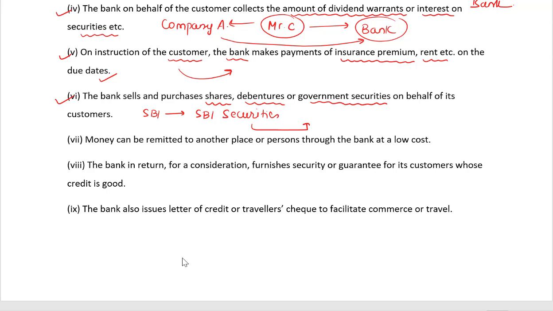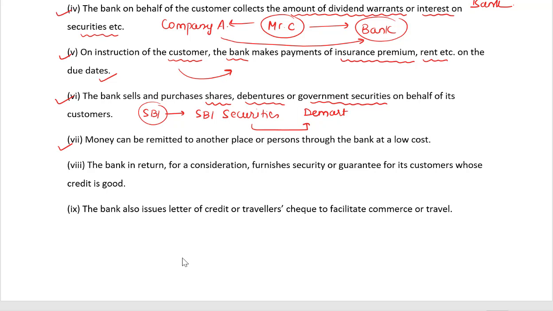So a customer can open a demat account using SBI Securities, and he can connect the SBI bank account and the securities account together, and he can purchase shares, debentures, government securities, bonds, etc. He can invest into capital market, money market, etc. I believe you understood. Let us see point number 7.